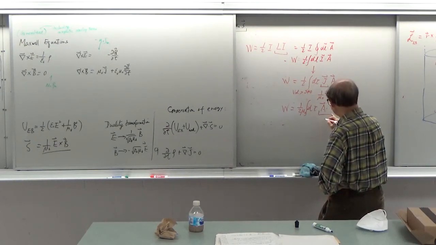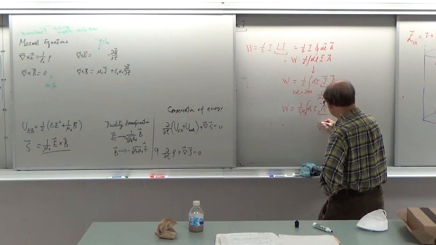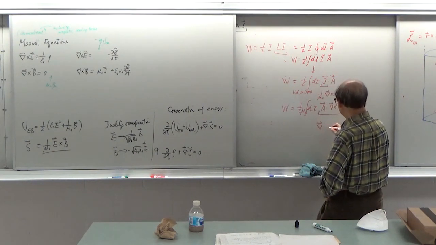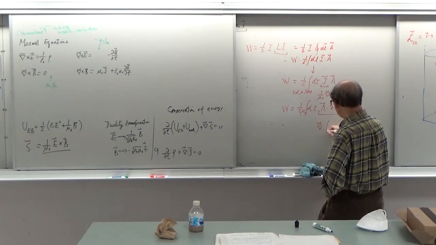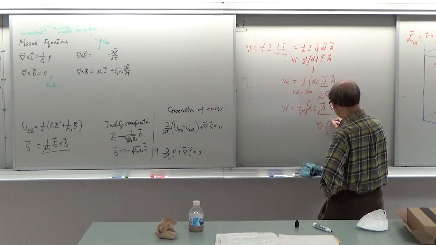So now we have this, and let me see. This can be written in a nice form, namely the divergence of A cross B. Let me see if that's correct.